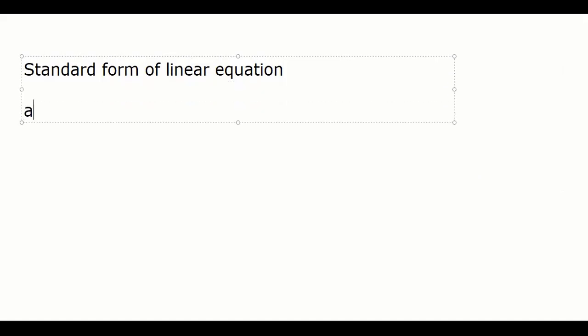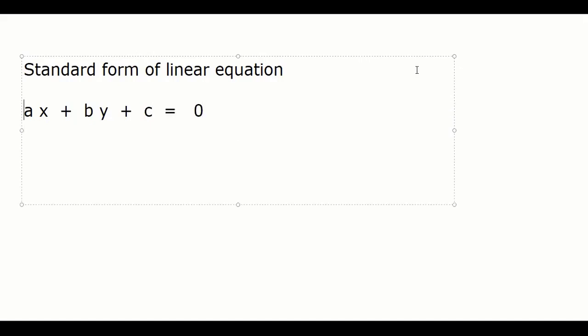The standard form of linear equation will be a1x plus b1y plus c1 equal to 0. और दूसरा भी लिखता हूँ.